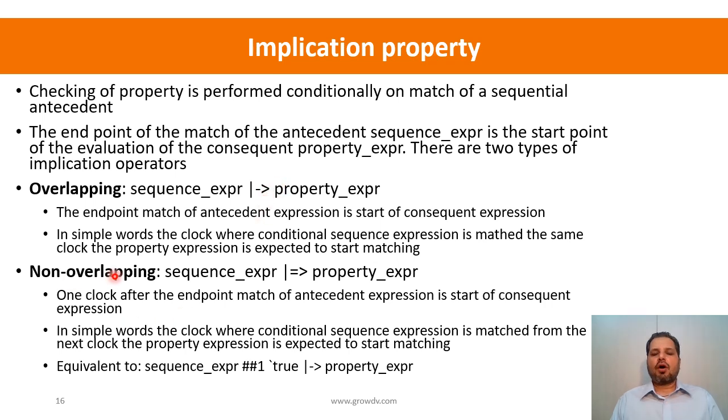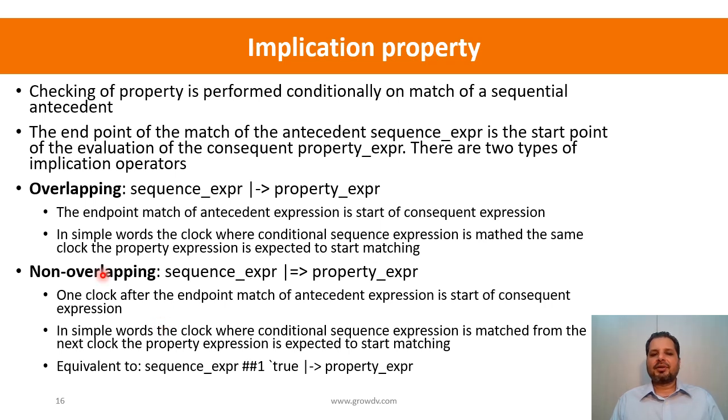In the case of non-overlapping, which is represented by a pipe, then an equal sign instead of the minus, and then a greater than, you expect that after the endpoint match of your antecedent expression, the consequent expression starts one clock later.